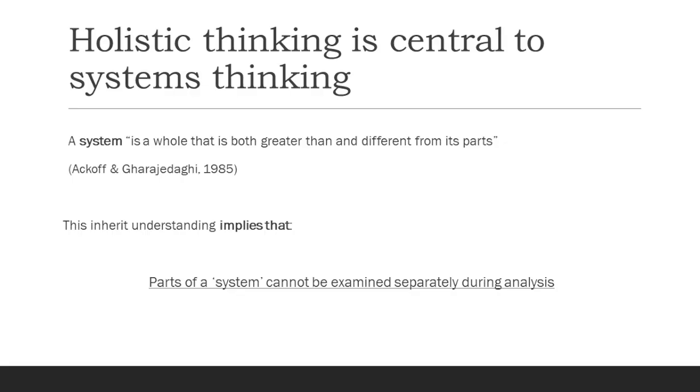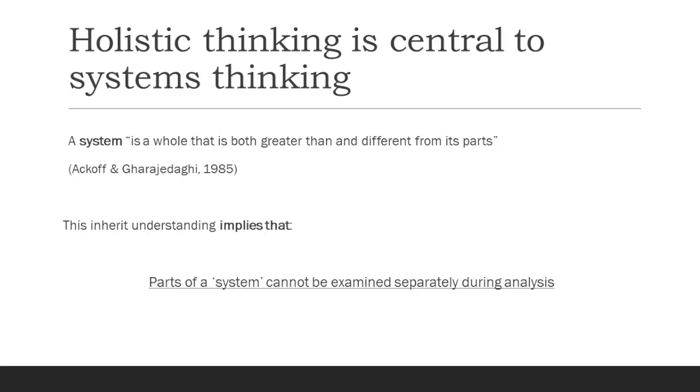Now let's turn to the important concepts that are central to a systems inquiry within qualitative research. Holistic thinking. Holistic thinking is considered central to a systems perspective, because systems are considered wholes that are both greater than and different from their parts.